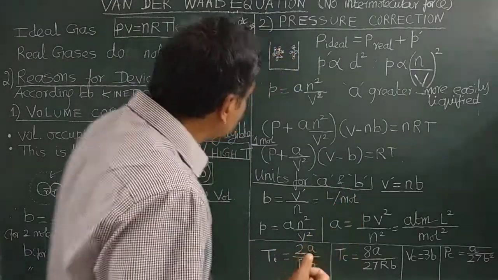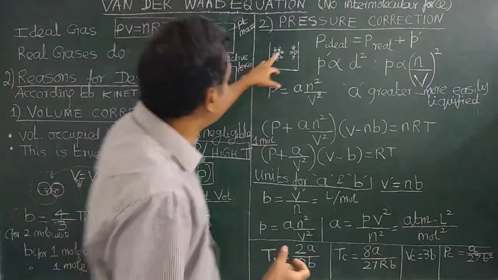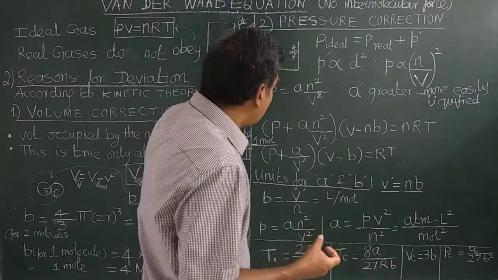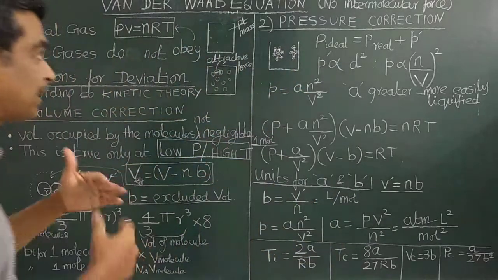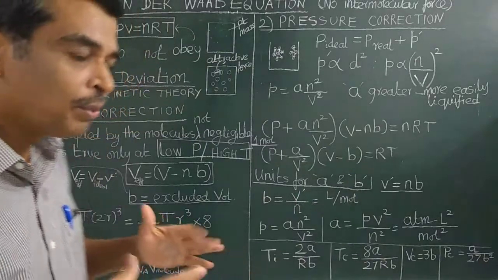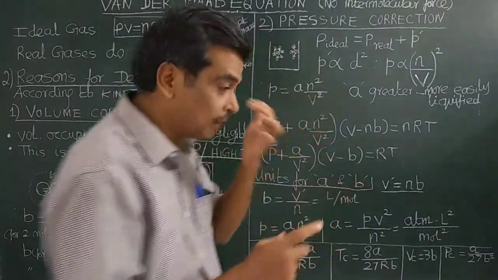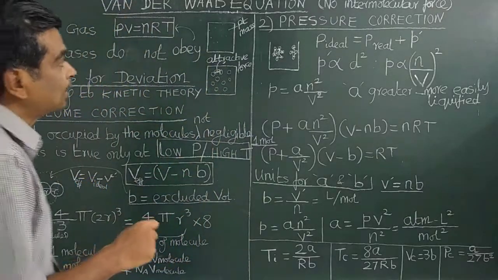Since there is a net inward pull because of the attractive force of the molecules, the force with which they collide decreases. What is pressure? Pressure is due to collisions of the molecules on the walls of the container. Remember that.